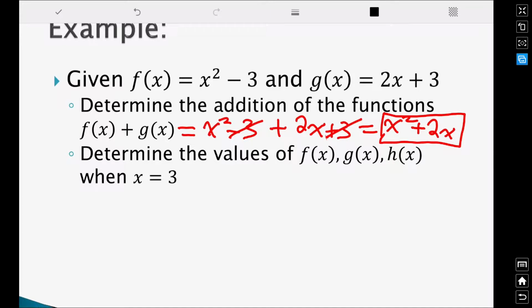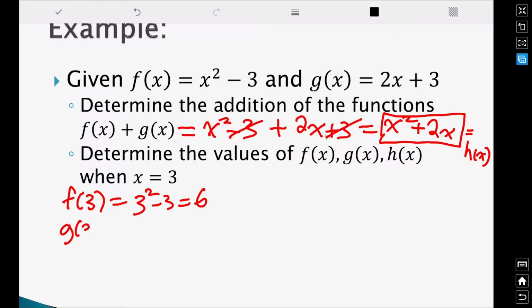Determine the values of f of x and g of x and h of x, because we'll say this is my h of x. And we'll see what happens when x is equal to 3. Well, for f of x, that's easy. What is f of 3? F of 3 is just going to be 3 squared minus 3, which is equal to 6.